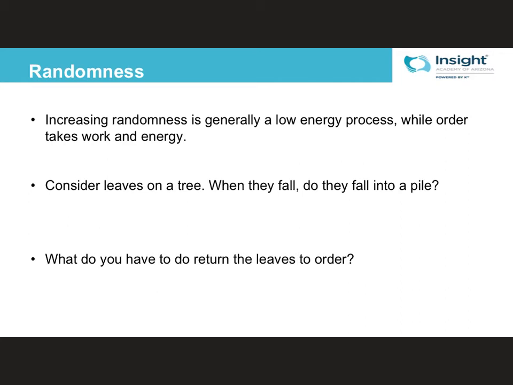An example of this is, consider leaves falling from a tree, or seeds or something like that, acorns. Do they fall into a nice, neat little pile when they fall off? No, they fall randomly all over the yard. And then you have to go out there, or maybe your lawn care people or whoever, but you've got to go out there and rake them up, use a leaf blower, something like that, and put them into a pile and get rid of them.